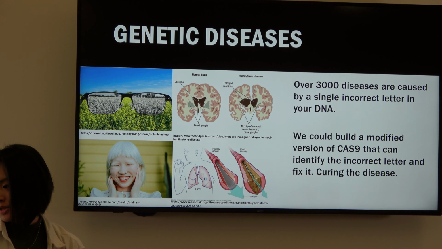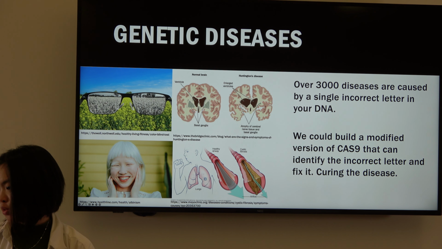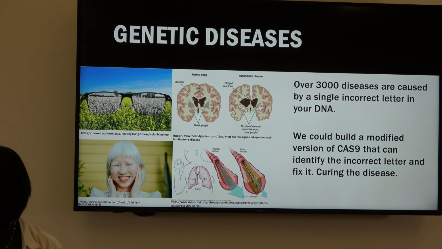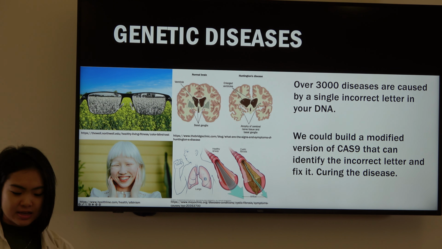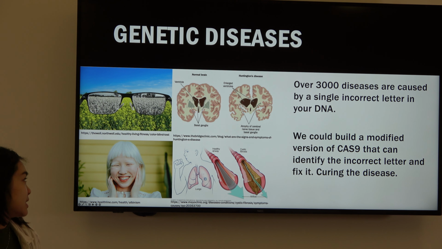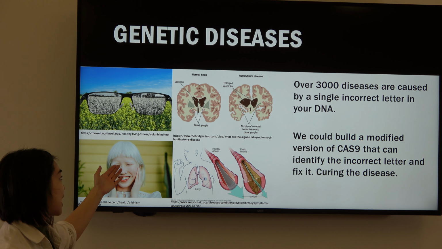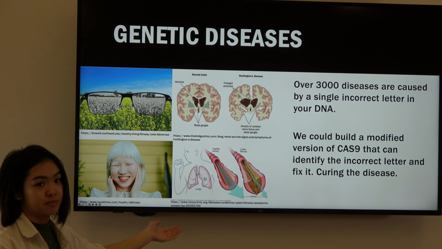We can also use it to cure genetic diseases. Over 3,000 diseases are caused by a single incorrect letter in your DNA. So what if we build a modified version of Cas9 that can identify the incorrect letter and fix it, effectively curing the disease? And we have many genetic diseases such as colorblindness, Huntington's disease, albinism, and even cystic fibrosis.